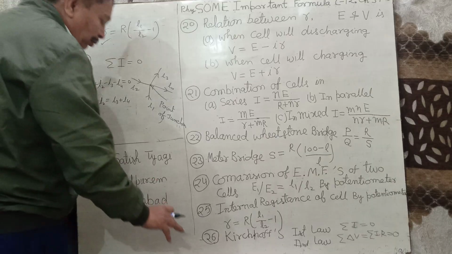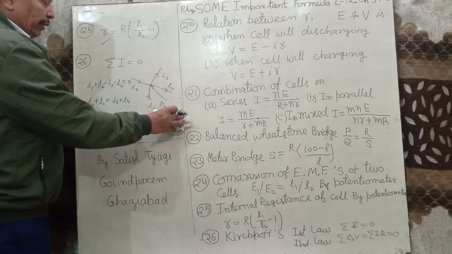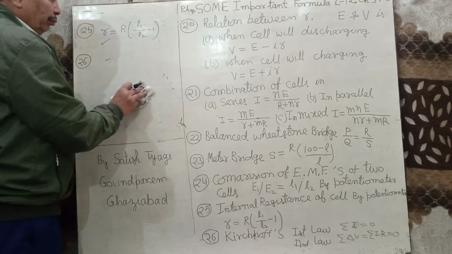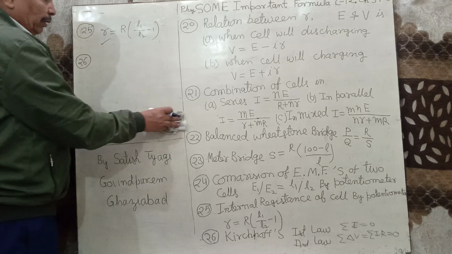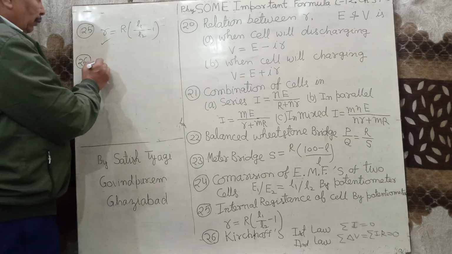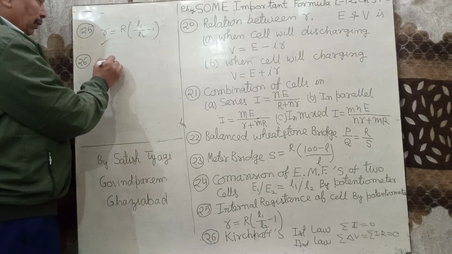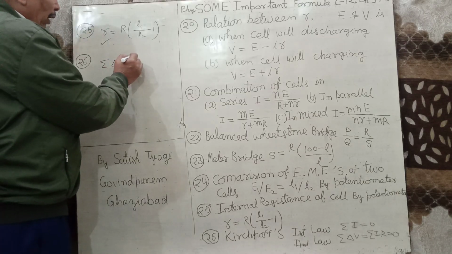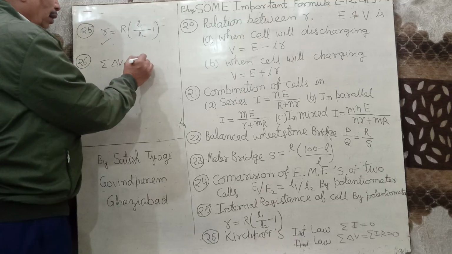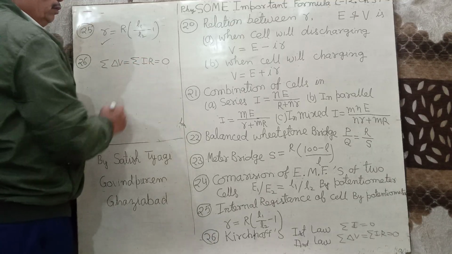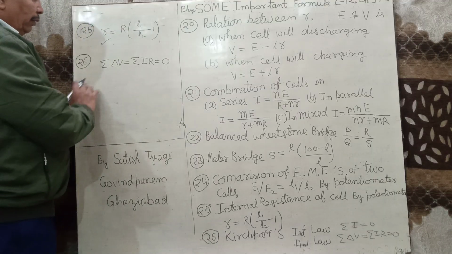Now I am telling you the second formula of Kirchhoff's law. Here delta V equals sigma IR equals 0.